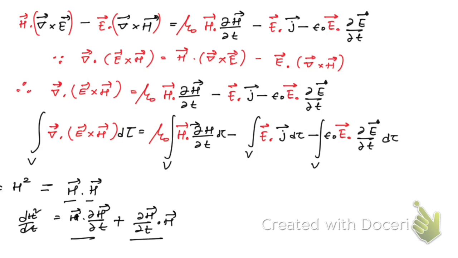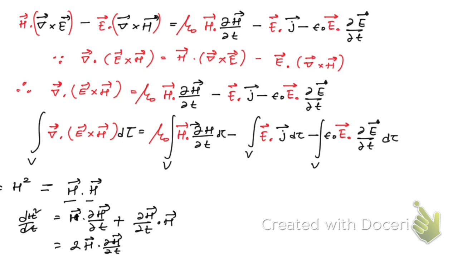These two are the same term because we have a dot product, not a cross product, so the order of these terms doesn't matter. You can write this one first as well. That's why we can write 2H dot del H by del t.